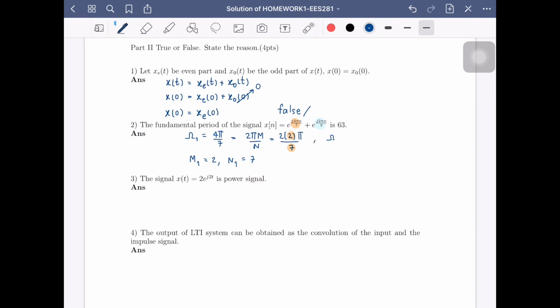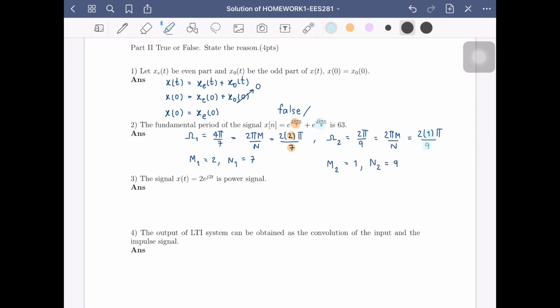Then we know omega 2 is equal to 2 pi over 9. Compare it as well with 2 pi m over n. We get m2 equal to 1 and n2 equal to 9, since it's equal to 2 times 1 pi over 9, right?